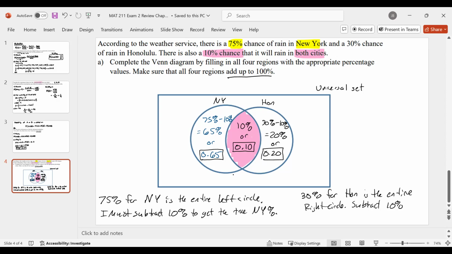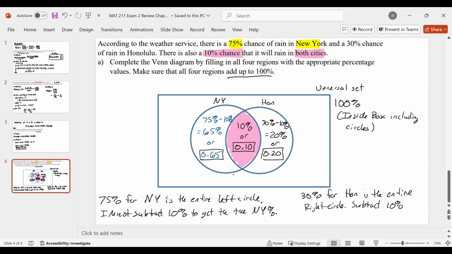Now, we're almost done. The entire box has to add up to 100%. So if you write 100% on the outside box, including circles, then what is the percentage of just outside of the circles, but inside of the box?